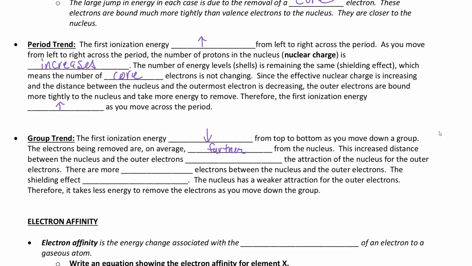Increased distance between the nucleus and the outer electrons decreases the force of attraction between the nucleus and outer electrons. There are more core electrons between the nucleus and outer electrons, which means the shielding effect increases. Again, I'm going to go with an arrow. The nucleus has a weaker attraction for the outer electrons, therefore it takes less energy to remove as you move down the group.